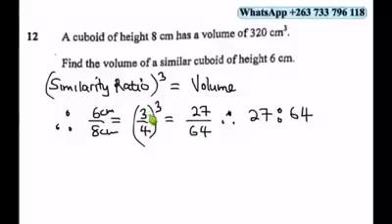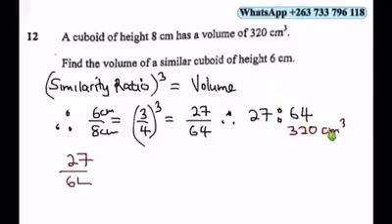Therefore this will be 3 over 4 to the power 3. 3 to the power 3 is 27. 4 to the power 3 is 64. So our ratio is 27 is to 64. So the cuboid with 8 centimeters will be represented by 64 here on the ratio. So 64 here is for 320 cubic centimeters.